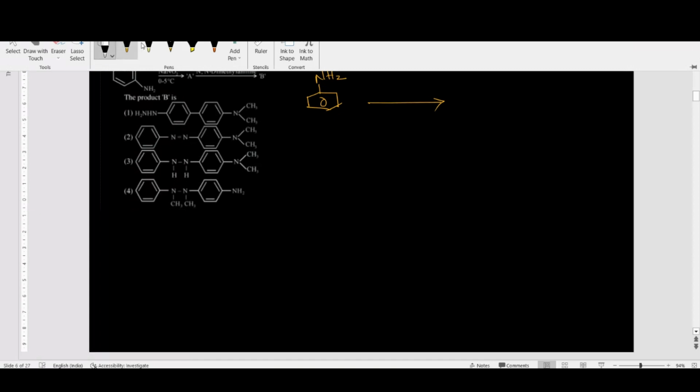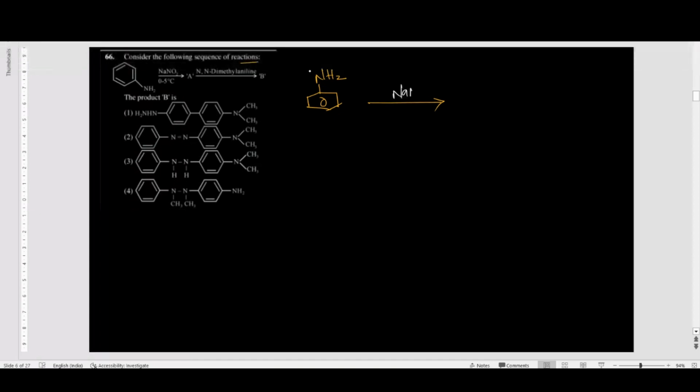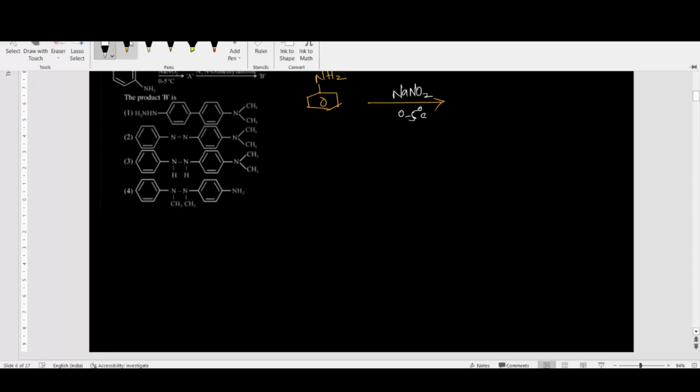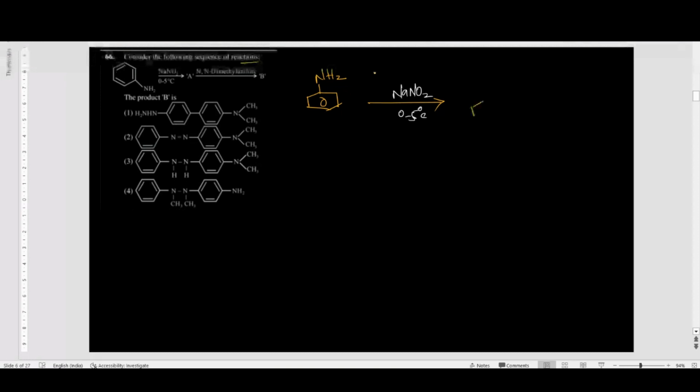They have given aniline, NH2, and in the presence of the reagent NaNO2 at 0 to 5 degrees Celsius, this undergoes diazotization. It will form, let me write it here, this NH2 converts to N2 plus Cl minus, benzene diazonium chloride. This is benzene diazonium chloride, right?